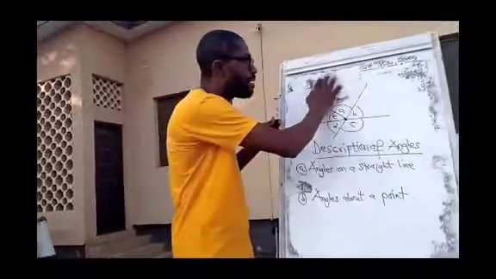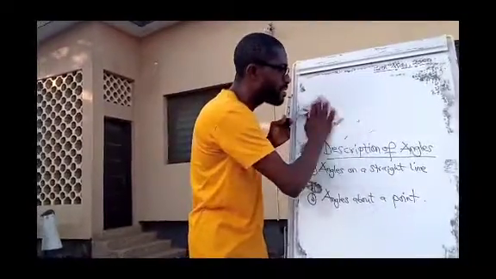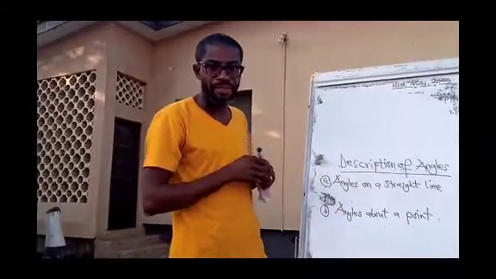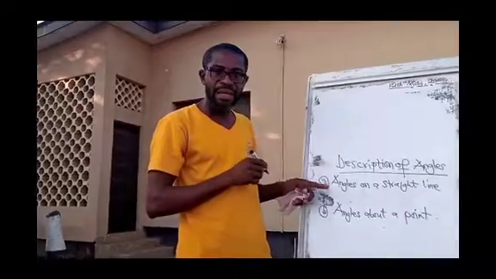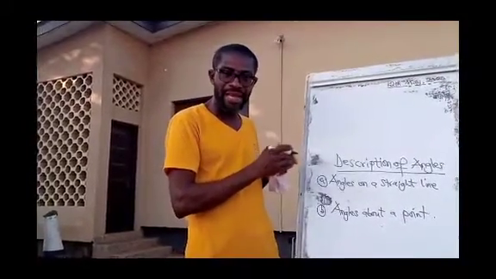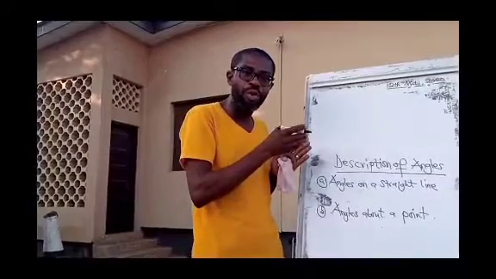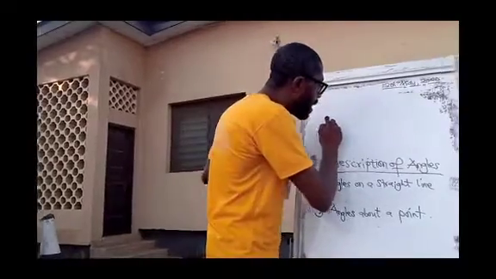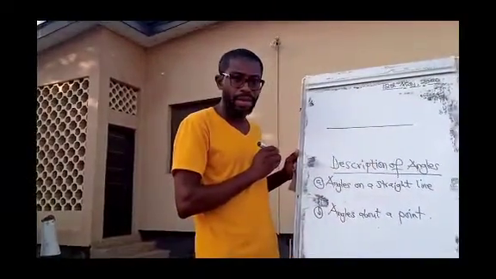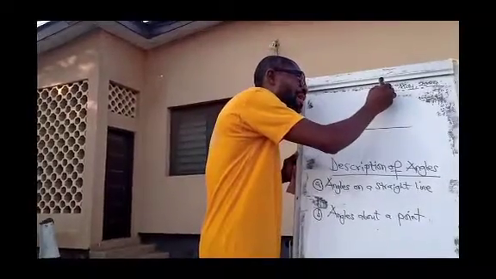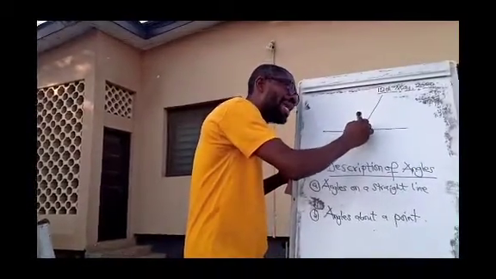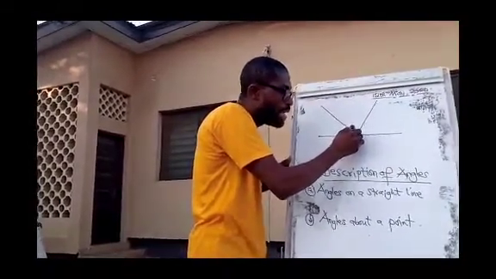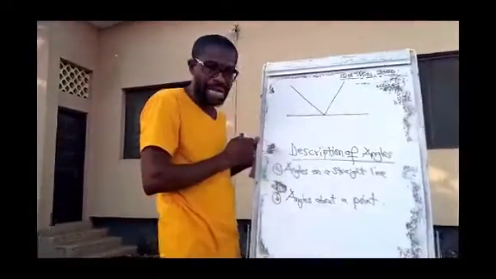Angles on the straight line behave in a different style, looking at the various kinds of angles that we have. Angles on the straight line, they fall on the adjacent line. Means that they are angles that do not exceed the adjacent straight line. So if we have a normal adjacent straight line this way, and we have a line coming from this direction here, assuming to be an angle, another one from this direction here, assuming to be an angle, that means that they are on the straight line.